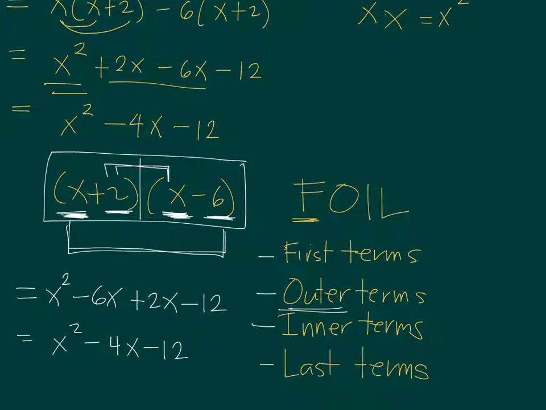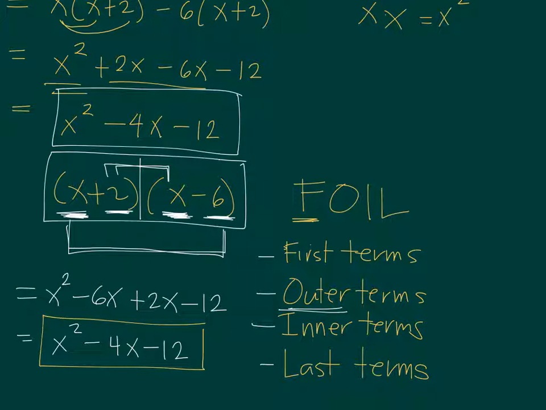6. Now if you take a look at what we obtained on the first method, we have x squared minus 4x minus 12, which is the same as what we have obtained in the second method. Okay, so method 2, that's what we use. We call it the FOIL method.